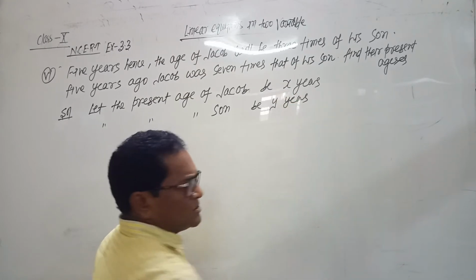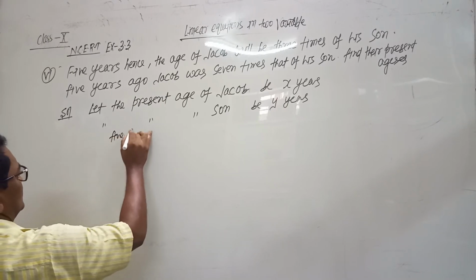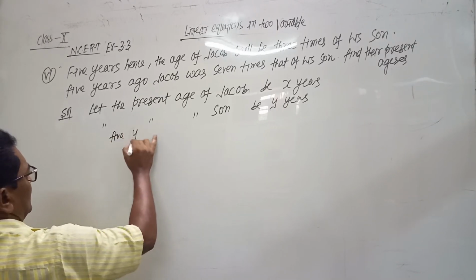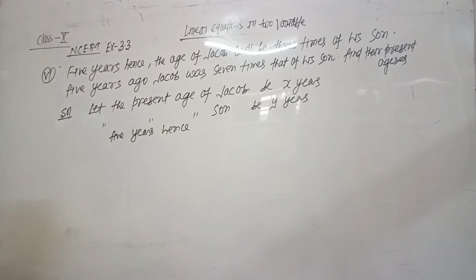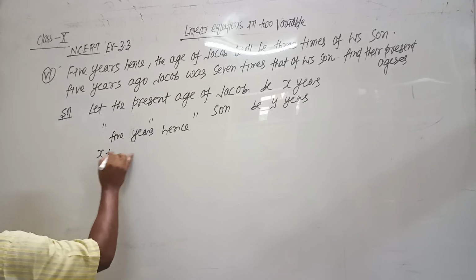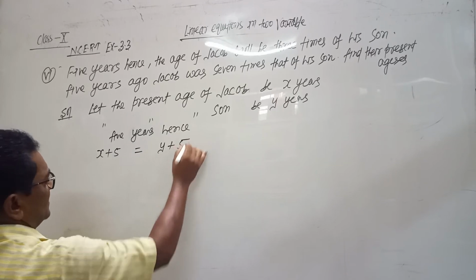So we have supposed their present ages: the present age of Jacob is x and the present age of his son is y. So 5 years hence, hence means after, Jacob's age will become x plus 5 and his son's age will become y plus 5.